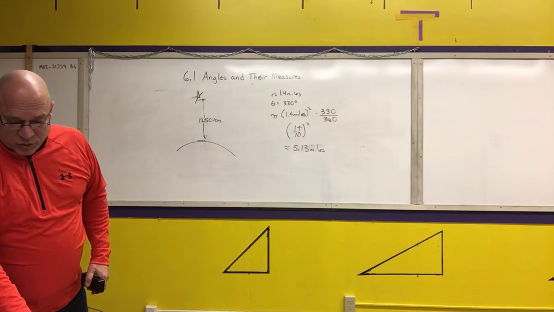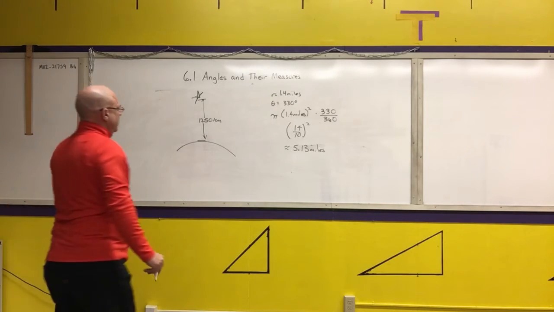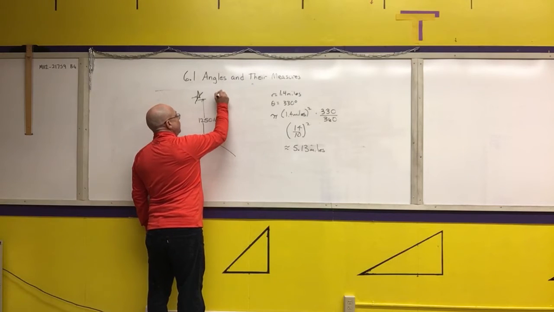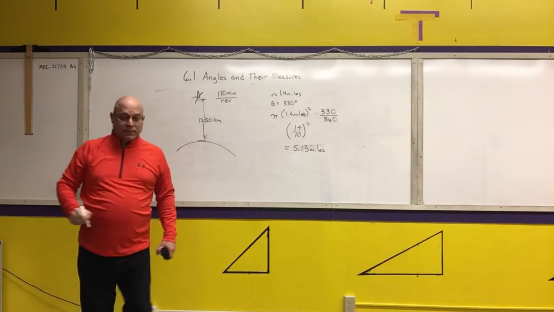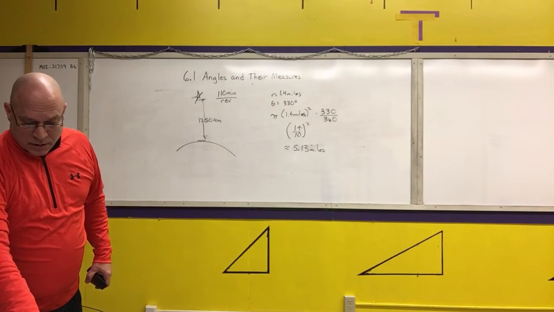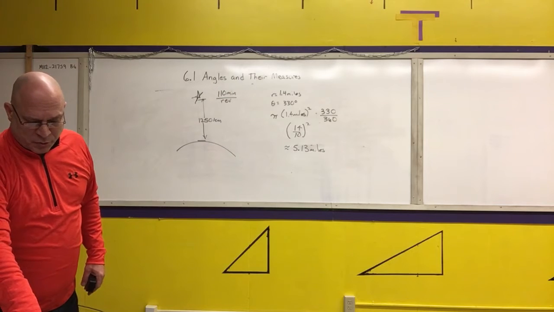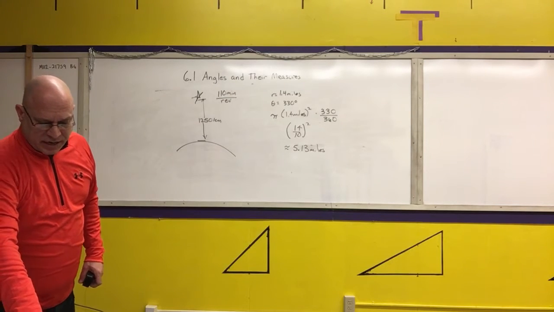It does one revolution every 110 minutes. 110 minutes per revolution. Assume that the Earth is a sphere with a radius of 6,378 kilometers.